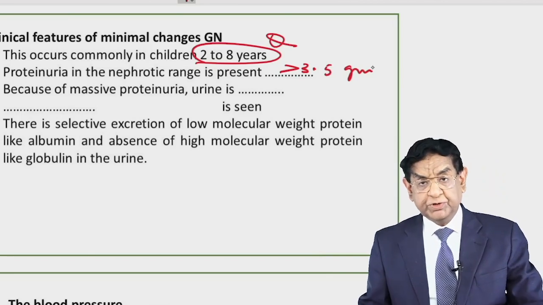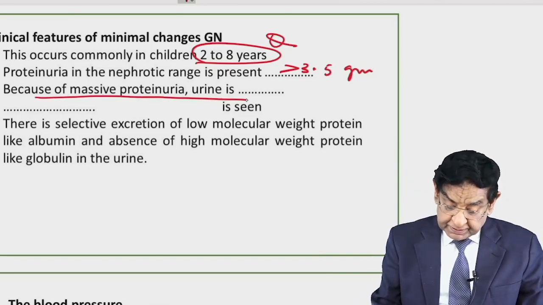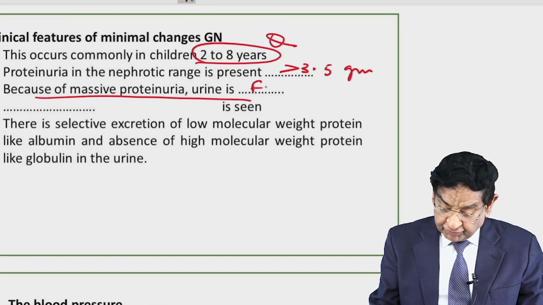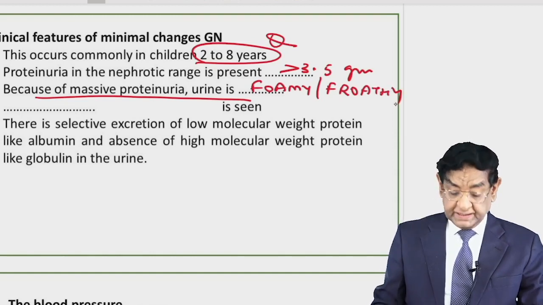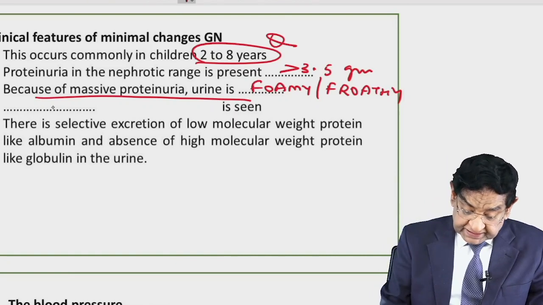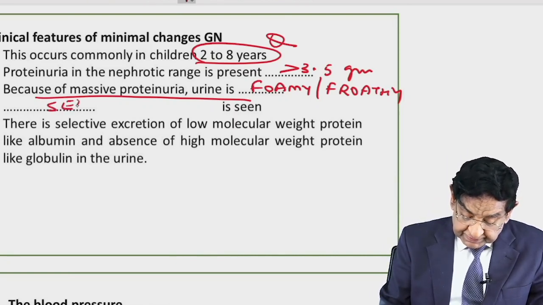Because of massive proteinuria, the urine is frothy or foamy. And the very important point is there is selective proteinuria.